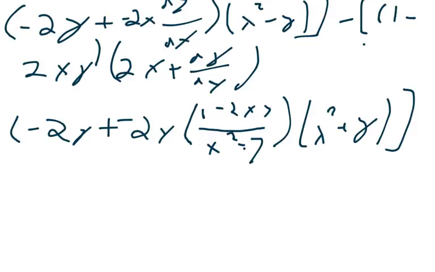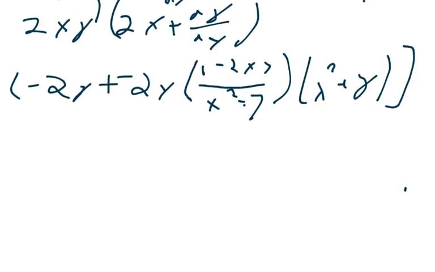I will simplify the first part before moving on to the second part, simply because there's no room here. As you can see, the x squared plus y on the denominator over here and the x squared plus y over here will cancel out.